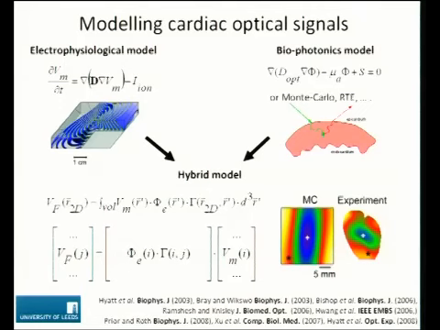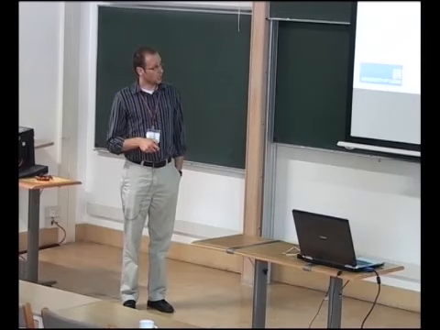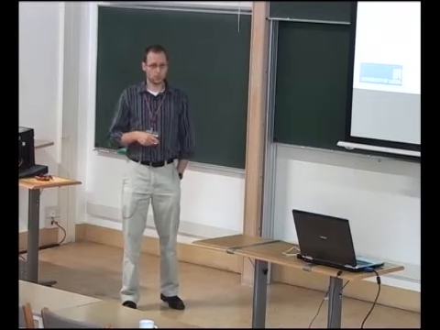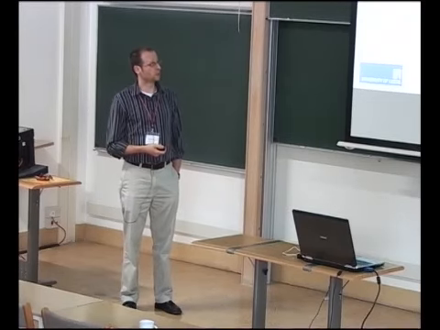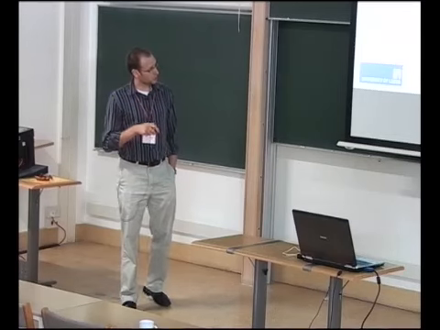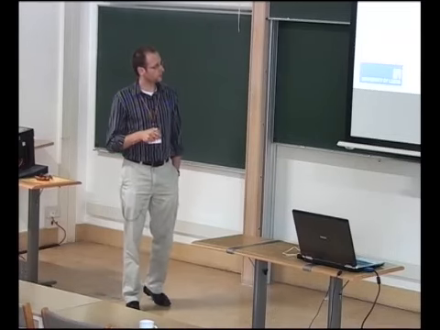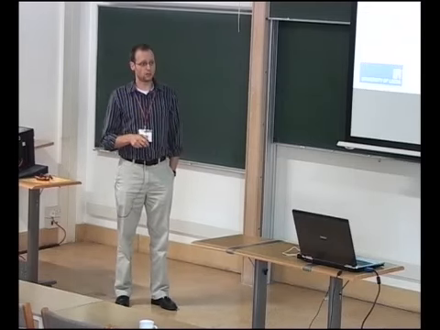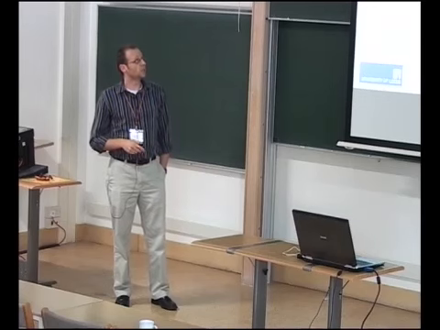This optical weight depends on the excitation light that reaches that voxel and the unit point spread function that voxel contributes in terms of fluorescence onto the surface. So you can formulate this as a linear problem where you have a transfer matrix that transforms your membrane potential into a surface cardiac optical signal. This modeling approach has been used quite successfully by various groups to interpret cardiac optical signals.